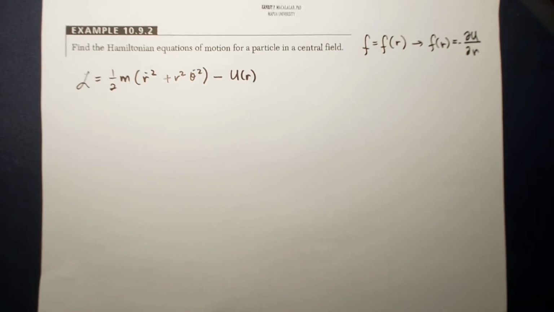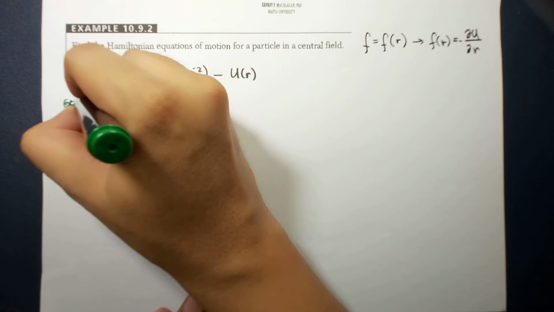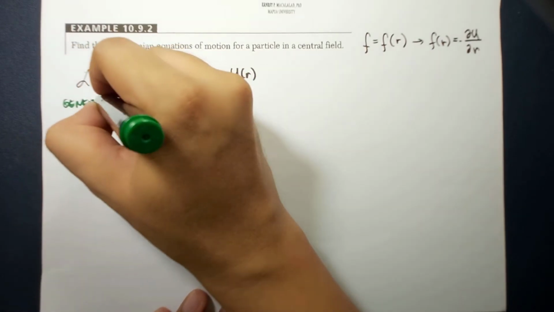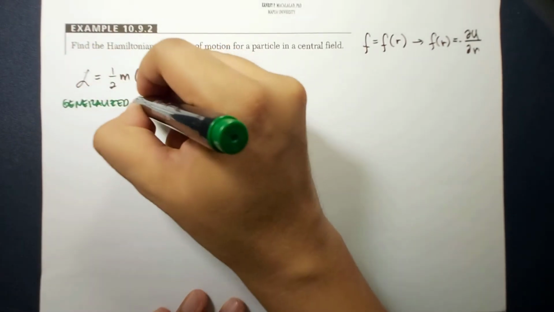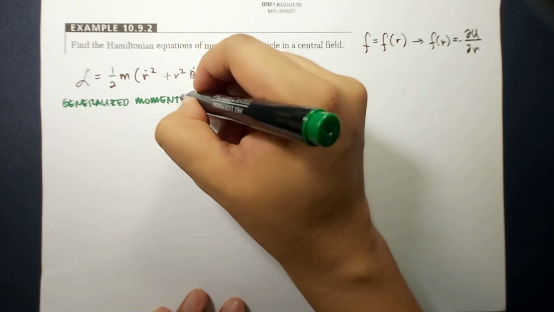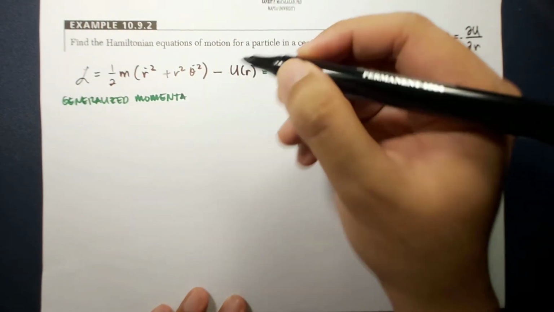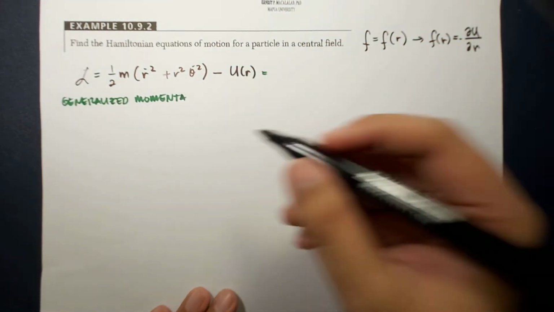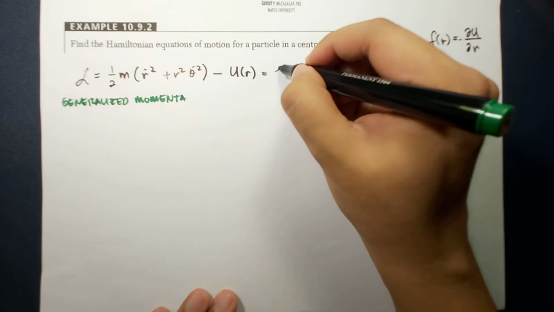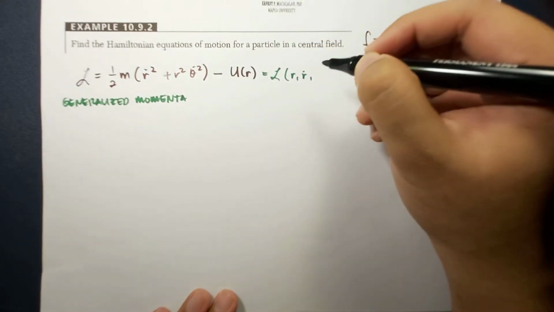So from here we can determine the generalized momenta. Okay, momenta, because we have two degrees of freedom, one in r and one in theta.